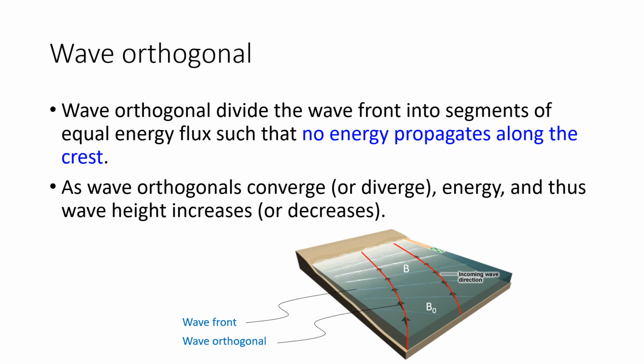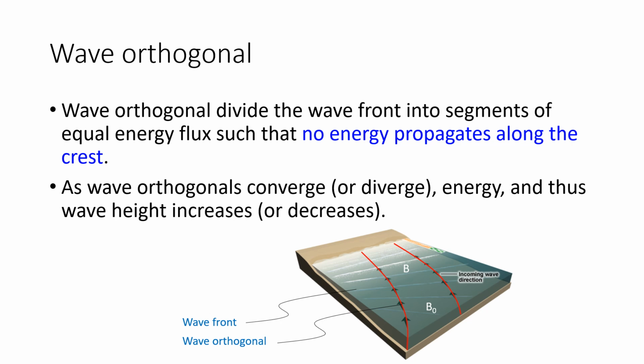The orthogonal is drawn in such a way that the wavefront from this point to this point has a certain amount of energy between the two orthogonals, and by the time the wave arrives here, the wave from this point to this point in between these two orthogonals still has the same amount of energy. So that's what we mean by the orthogonals dividing the wavefront.